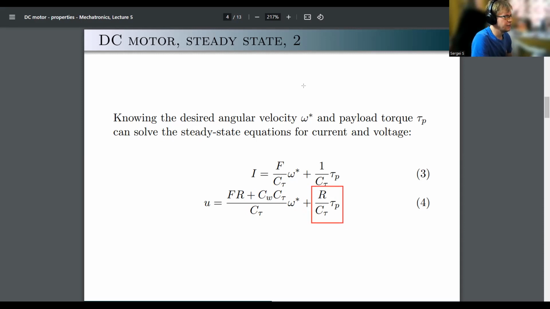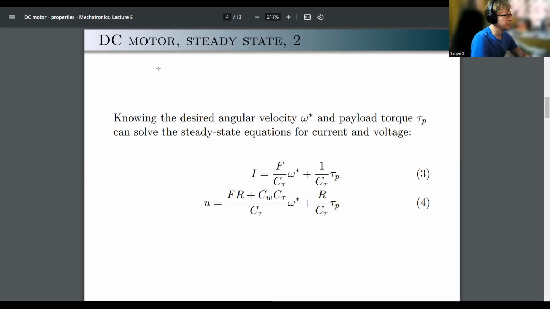Well, again, tau divided by C tau is a current, but now that compensates payload. And multiplied by R, you get the amount of voltage dropped on the resistor associated with the current that compensates for the payload. So that's it. You can see it is complicated, but you can read it. It's not so difficult.